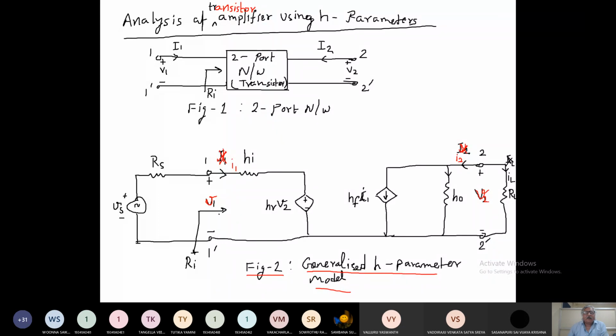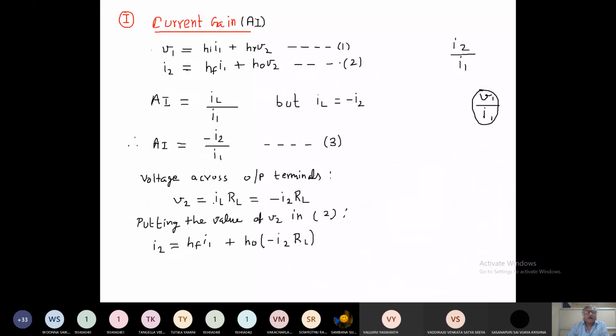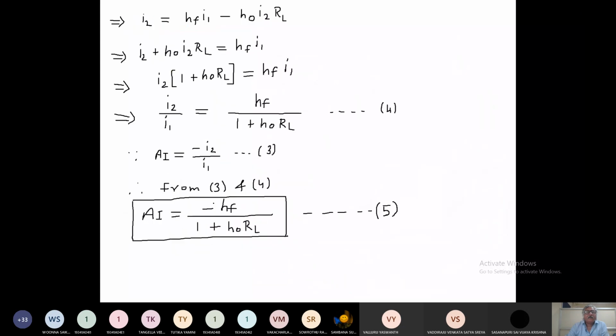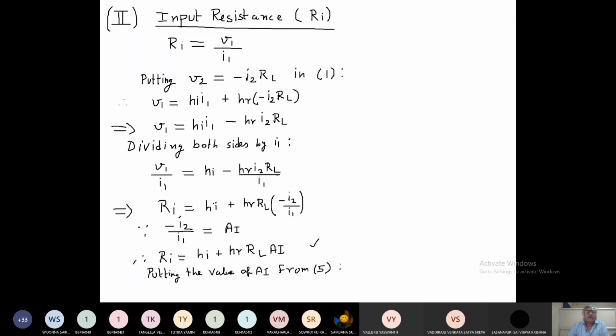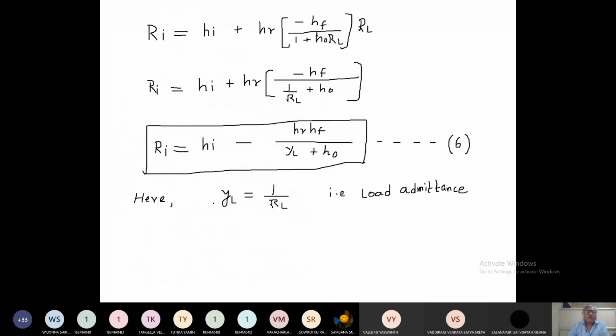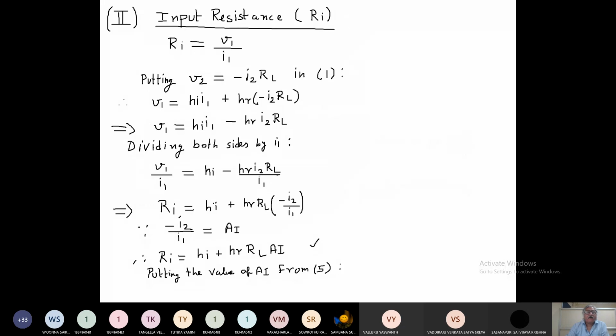It will be the expression in terms of V1 and I1. Here you see, this Ri is equal to V1 by I1, right? So we will use this.